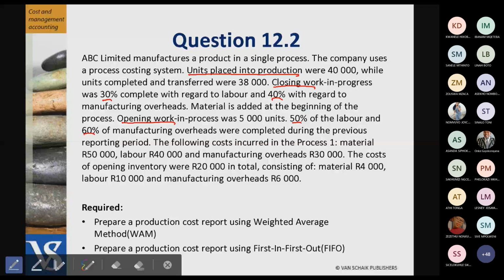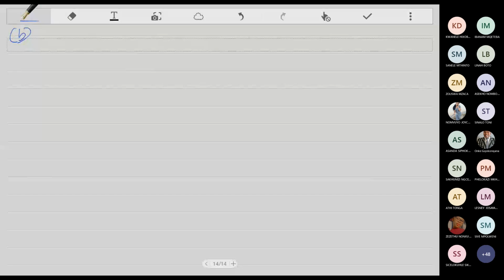It means we firstly complete our first in units. So we want to see that when we do our report.